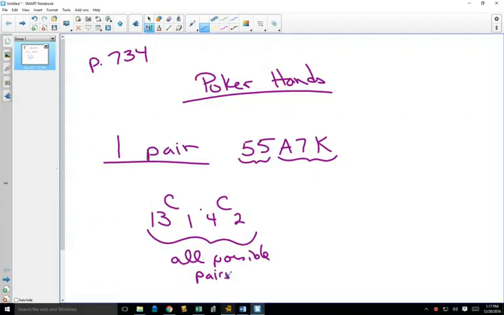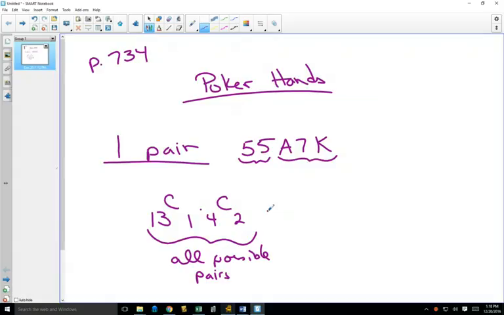For counting the rest of our numbers, we have 3 single cards to go. We have to choose those 3 single cards all together. Because if I chose ace, 7, king, it's not different than 7, king, ace. Okay?